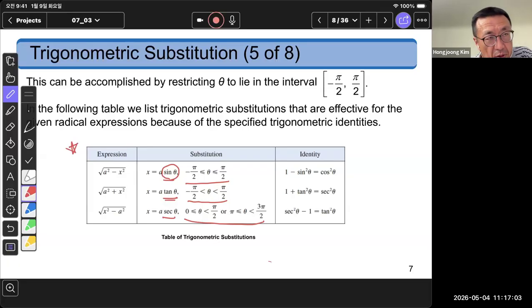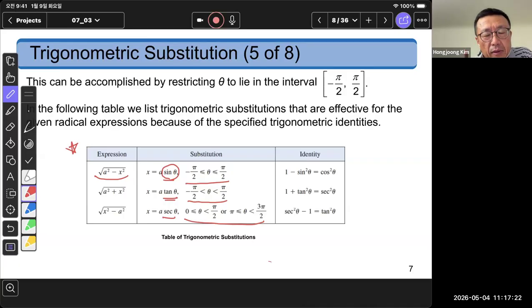First, if your integrand is of the square root of a squared minus x squared type, as we did in the previous slide, then please replace x with a sine theta.